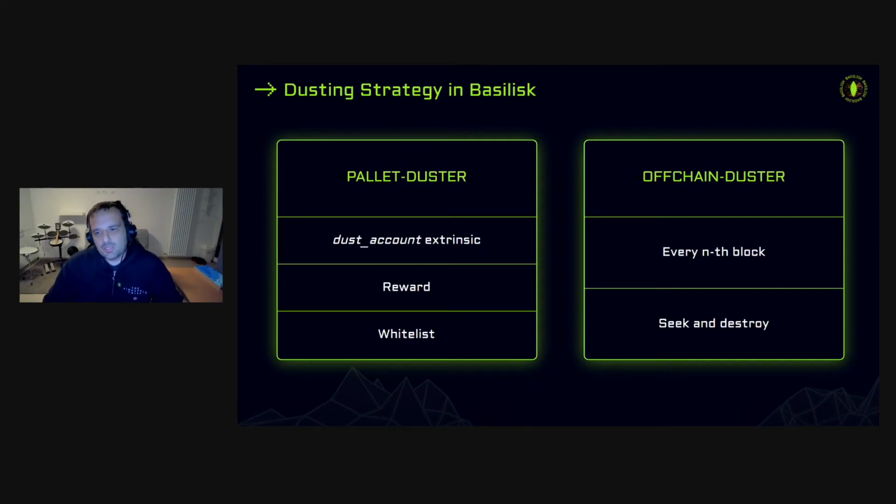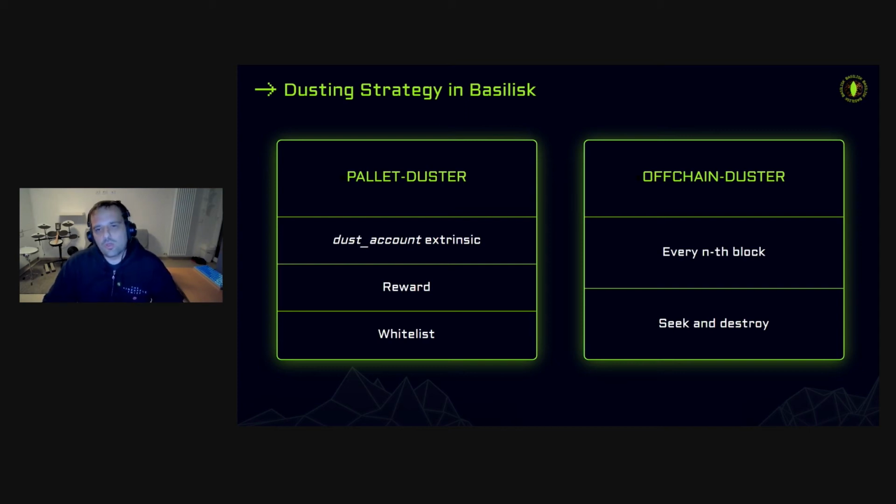It has only one dispatchable called dust account. Anybody can call this method, providing the account and also the asset ID of the account which can be dusted, and in return the caller will earn some reward, and the transaction fee can be refunded as well if desired.